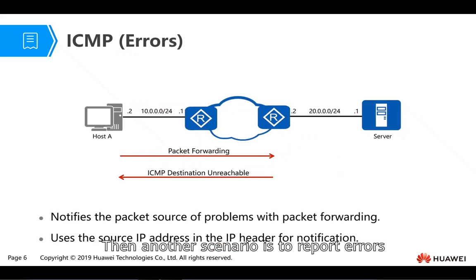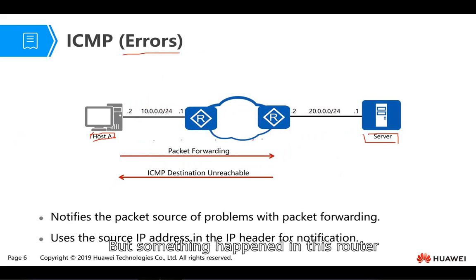Then another scenario is reporting errors. When the packet from host A to the destination server is being forwarded in the network, maybe some error happens in a router.